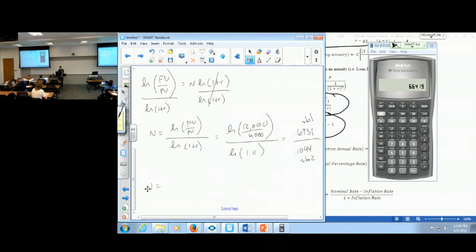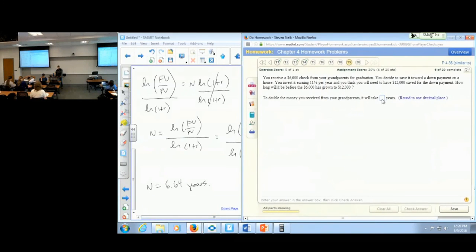So n equals 6.64. Rounding to one decimal place, 6.6.